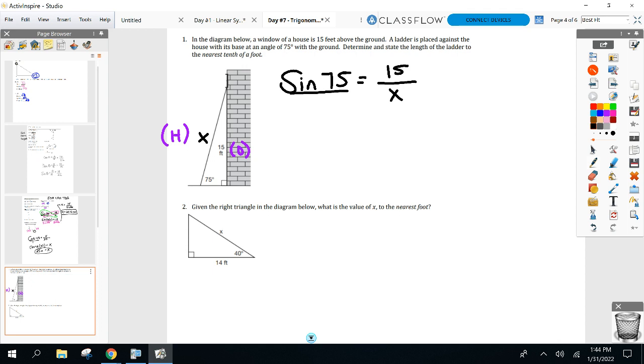Over 1. Cross multiply. Sine of 75 times X equals 15. Now, this is one where I do have to divide both sides. So divide both sides by the sine of 75.